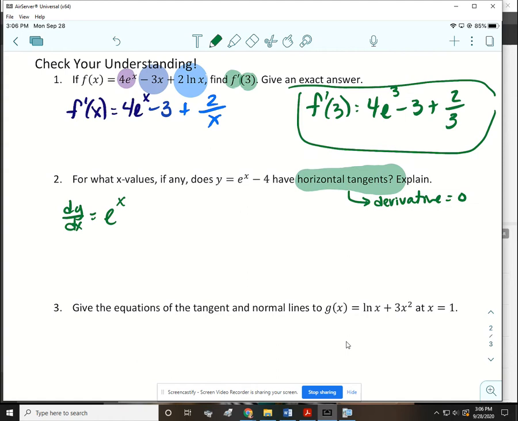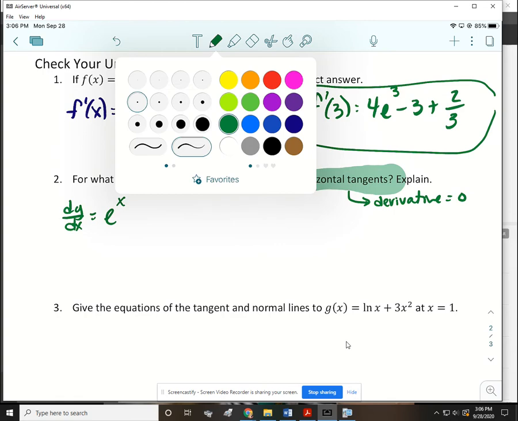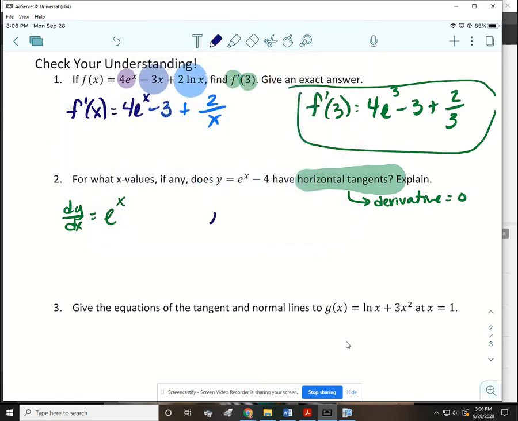So we want to find when e to the x is equal to 0. Think about what we can raise e, about 2.8, to and ever get 0. Is there a number? There isn't.